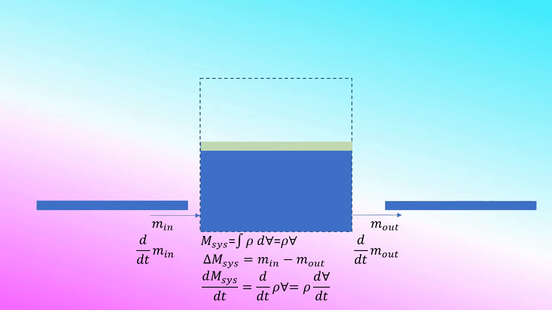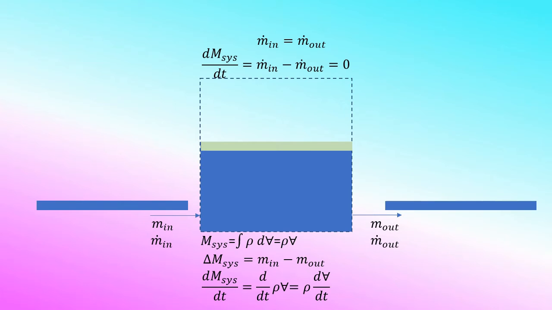Since we're in the time derivative, we'll also need to find the derivatives of our mass transport terms, and we commonly denote these with dot notation, where a dot refers to a time derivative. So we can find conservation of mass in rate form, and when the mass in and mass out are equivalent, there is no change in m_sys. The system will be steady state.